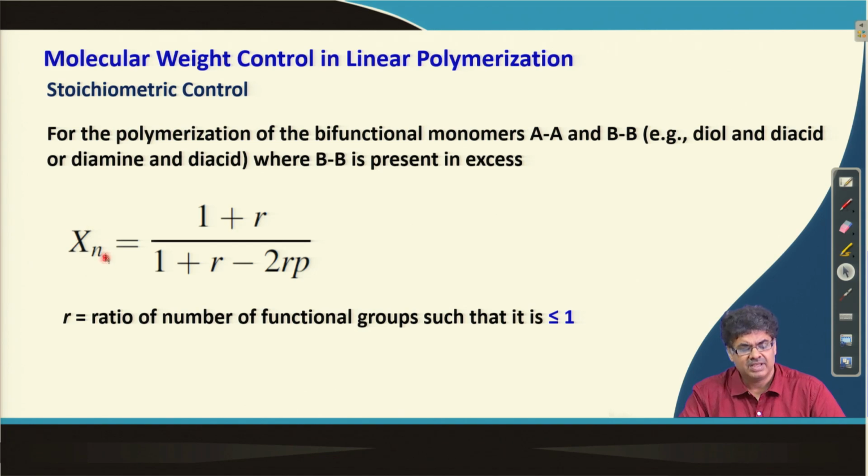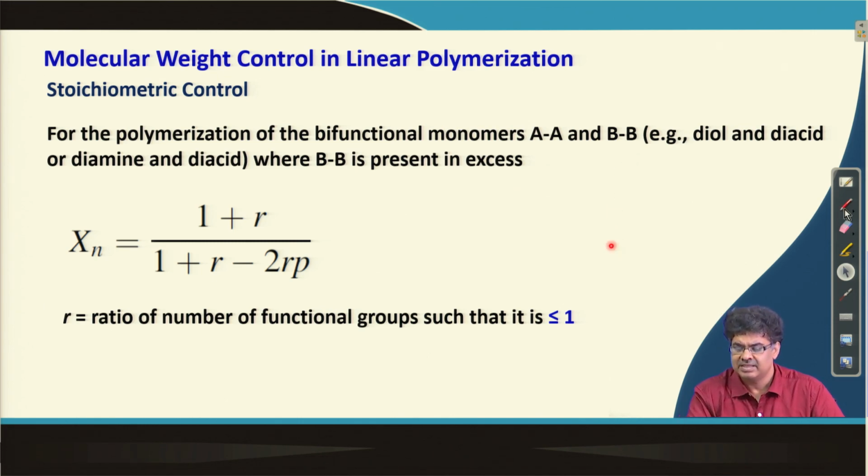The average degree of polymerization is given by (1 + R) / (1 + R - 2Rp), where R is the ratio of the functional groups, defined in such a way that it is always less than 1. So, the functional group which is present in excess will be in the denominator.